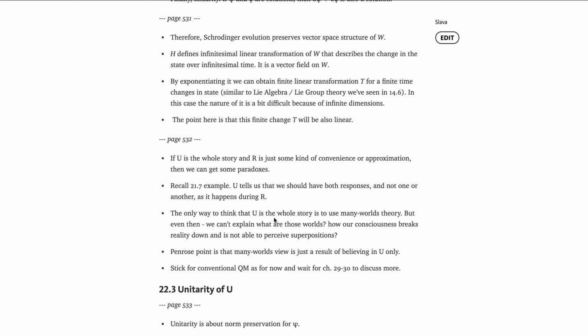But if we think that collapse doesn't happen, both worlds exist at the same time. Like there is a version of me seeing the cat dead, and there is a version of me seeing the cat alive simultaneously, something like that.